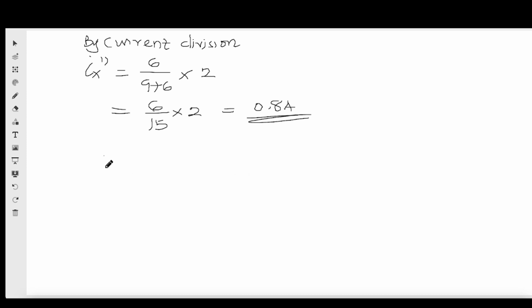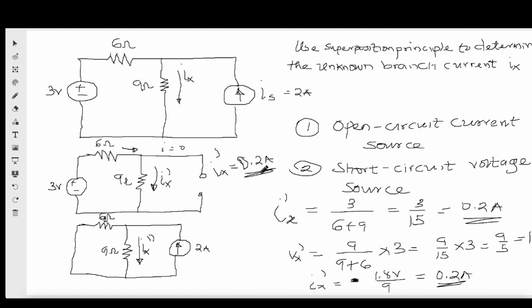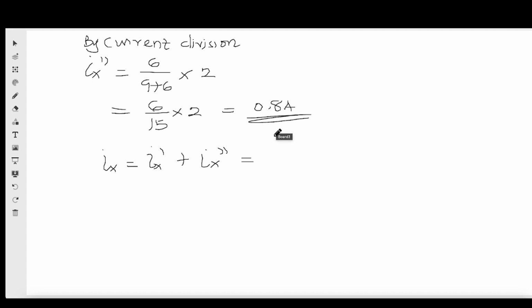And therefore Ix, the normal Ix we are looking for, is Ix prime when the voltage source is acting alone, plus Ix double prime when the current source is acting alone. I remember that we got Ix prime to be 0.2 amperes, and Ix double prime is 0.8 amperes.